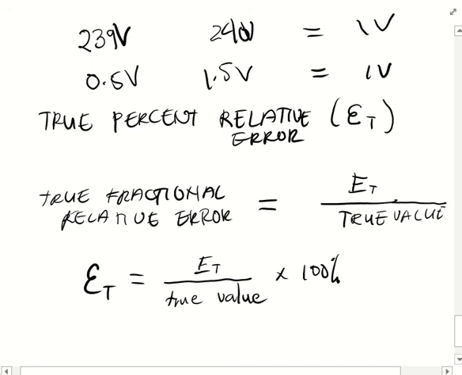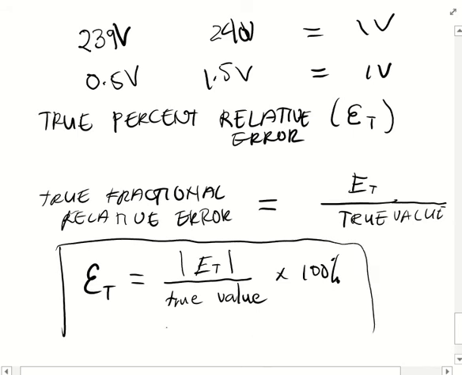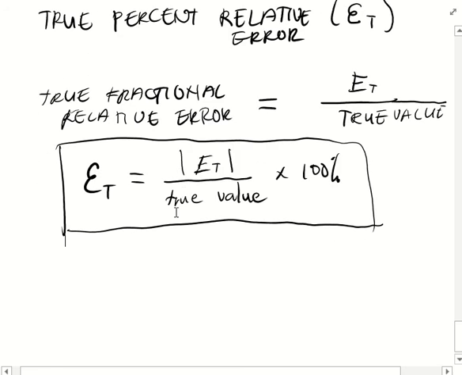So what is E here? Error, ET, that's the true error, or absolute error. You can make it absolute. So you need to know this one. This will be a very important concept when we try to solve some problems.